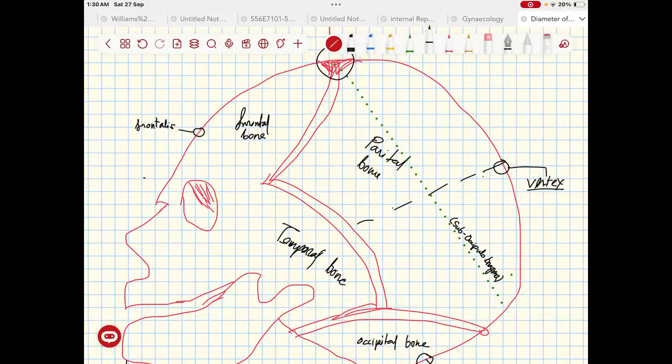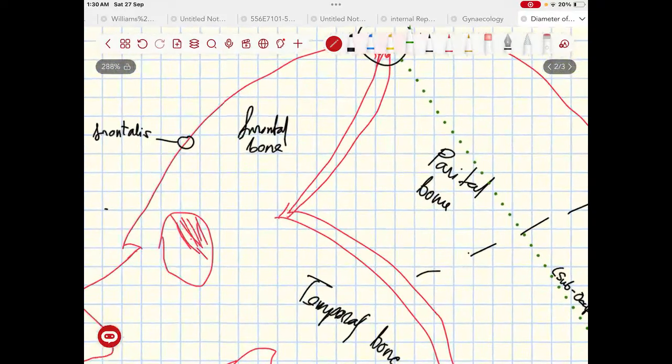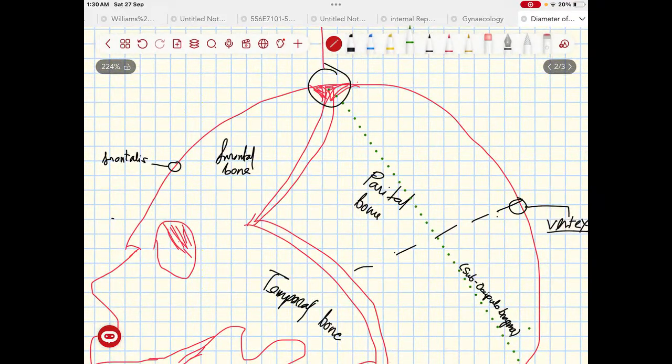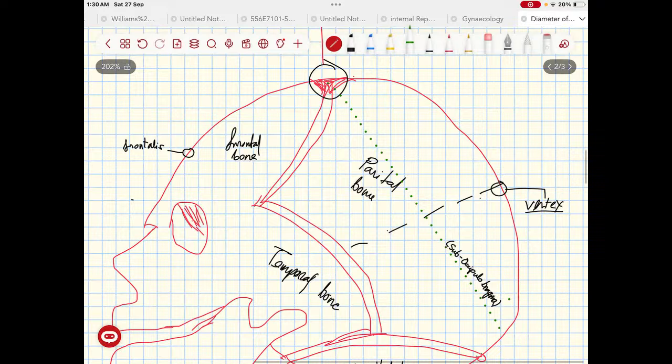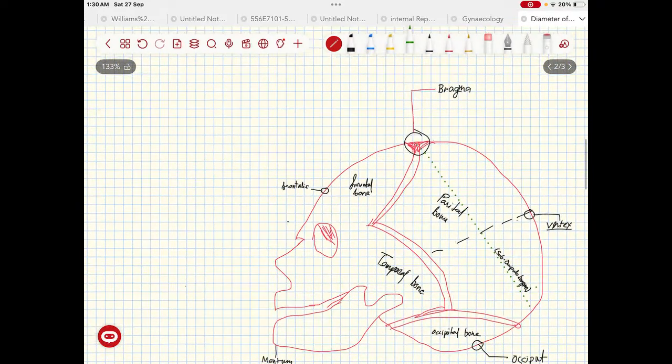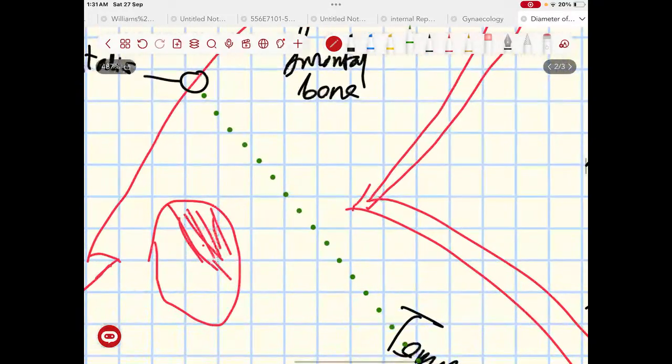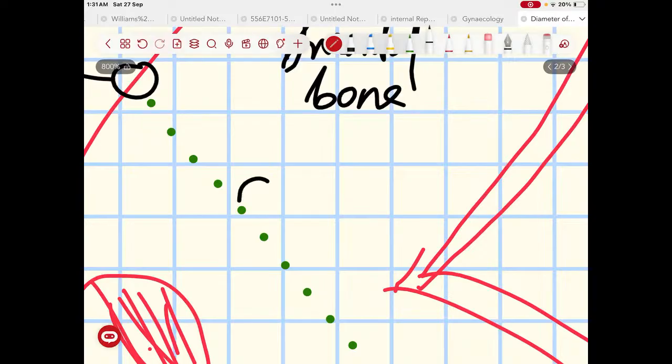Next we draw another one, from the frontalis and the occiput, so this is called the occipitofrontalis.